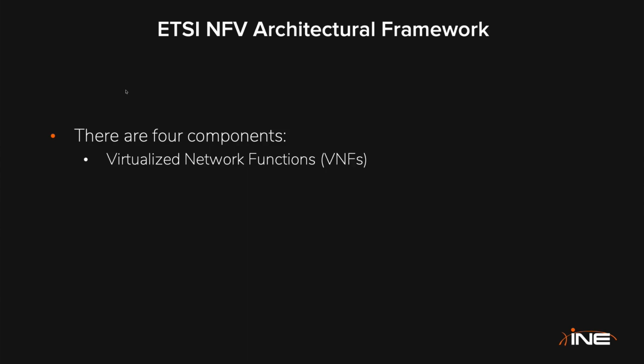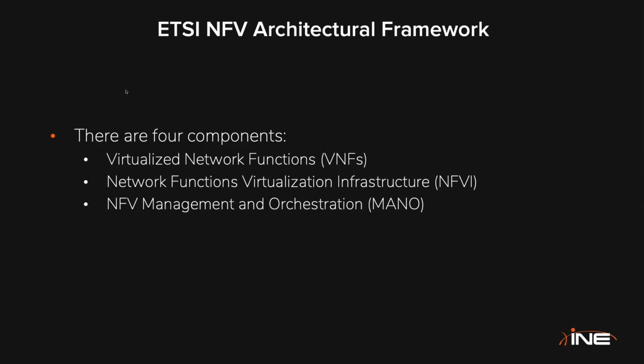So the first component is virtual network function. The second component is NFVI, which is network function virtualization infrastructure. The third one is MANO, which is network function virtualization management and orchestration. And the fourth component is operations and billing support system.